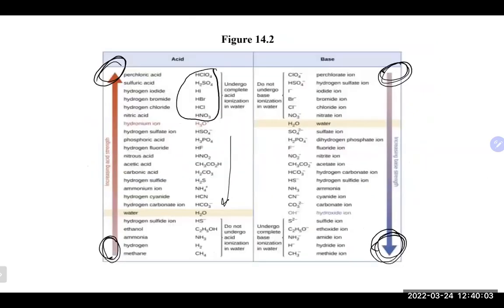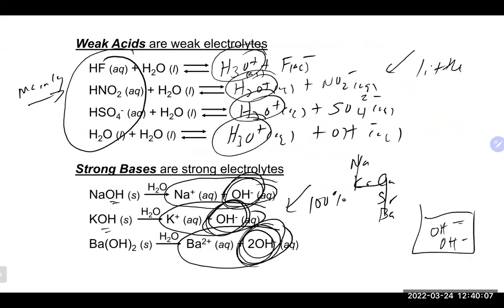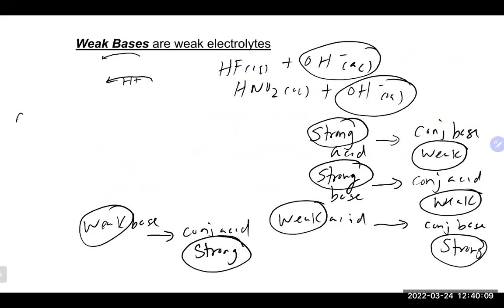By the way, if you're not sure, the real calculation is when we have 0.1 molar HCl, that is 0.1 moles of HCl per liter, right? That's what molarity means.